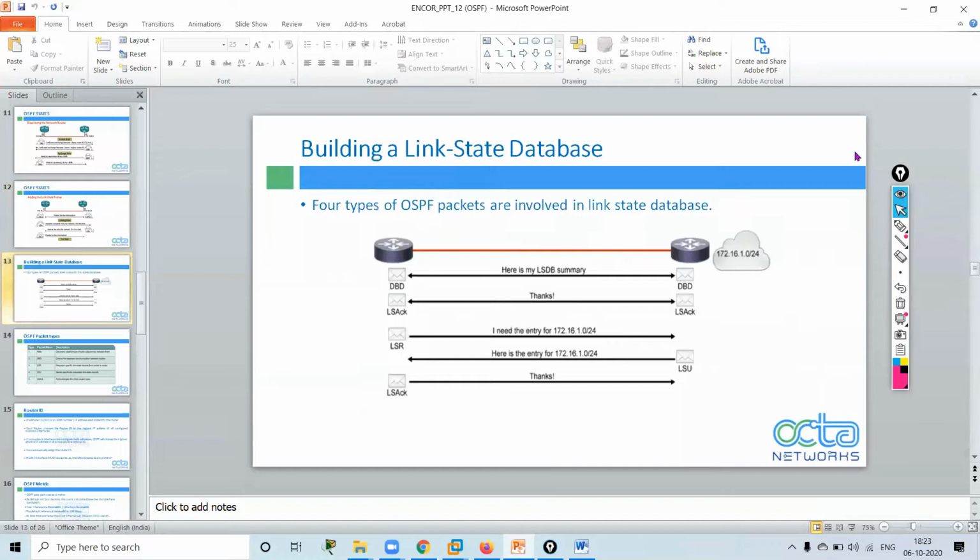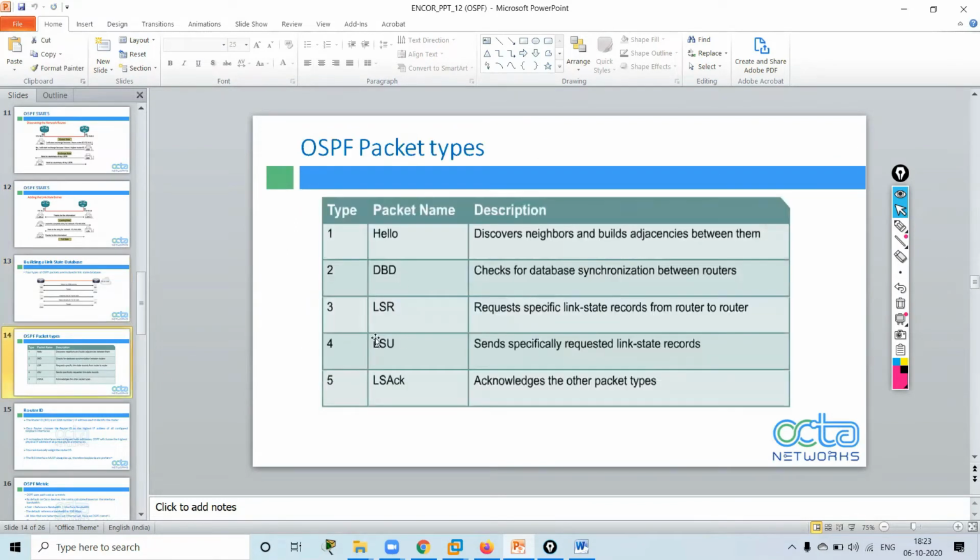Now, these are the packet types. Hello packet discovers neighbors and builds adjacencies between them.